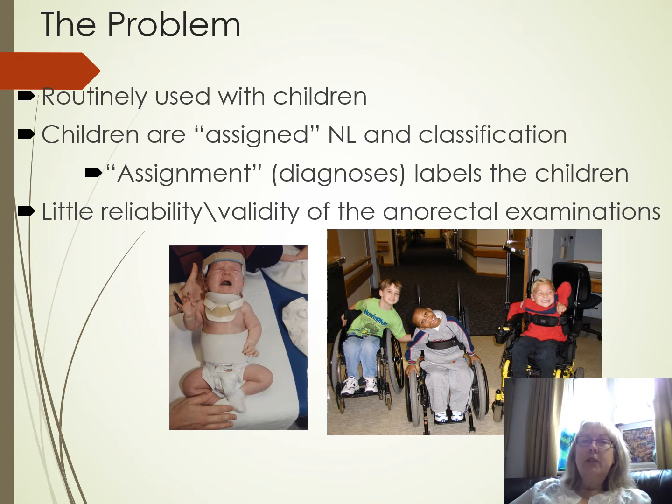It is routinely used in children because we haven't got anything else. But one of the problems we get is that children are assigned a neurological level and classification. It's a label, but it's not often perfect. There's very little reliability or validity, particularly with things like the anorectal examinations.